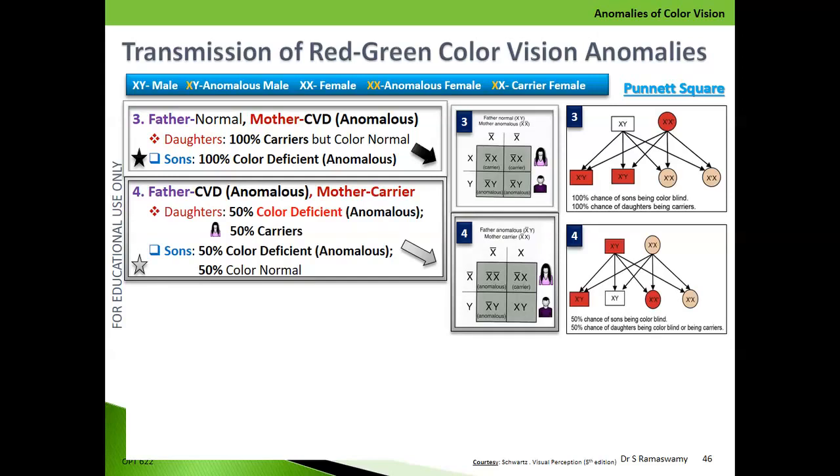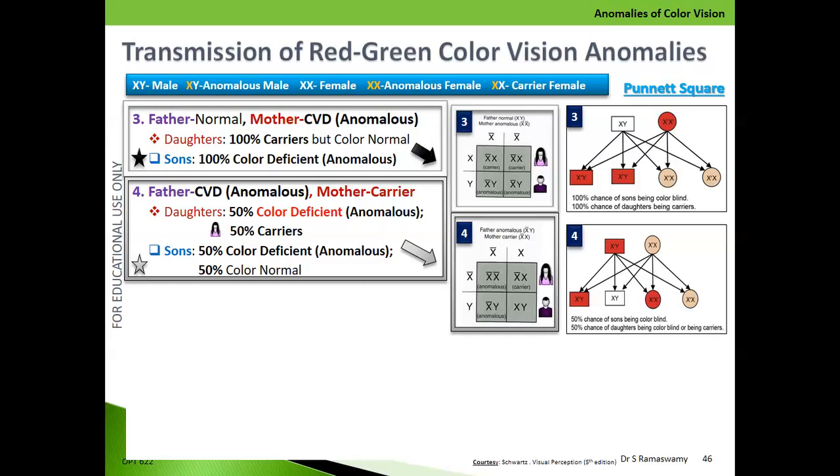The fourth one is the next situation where the dad is anomalous and the mother is a carrier. This is also a little significant situation, because here, with the dad anomalous and the mother a carrier, 50% of the daughters and 50% of the sons are going to be color deficient, whereas 50% of the daughters and 50% of the sons are going to be color normals.